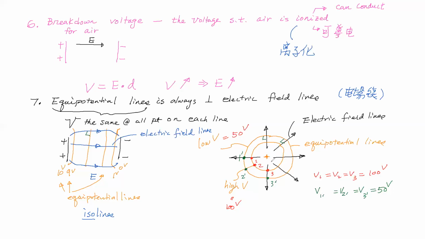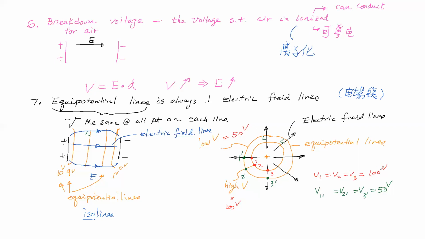And for a single charge, this orange is an equipotential line. And this one is also an equipotential line. So you can draw more of them. So now if you look at one of the lines, for example, the inner circle right here, 1, 2, 3. So V at point 1, V at point 2, they all equal 100 volts, for example.